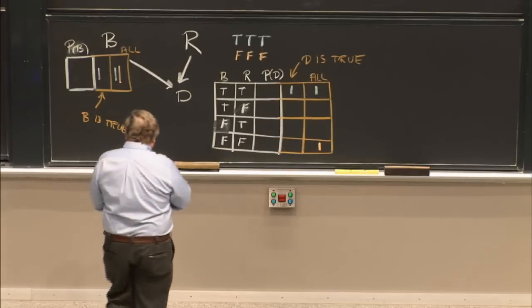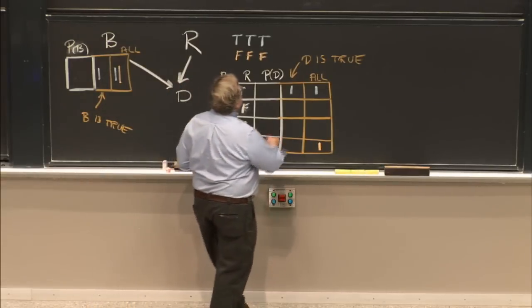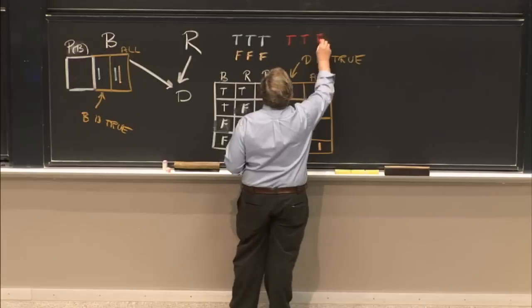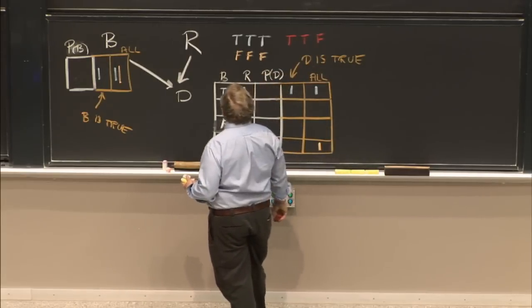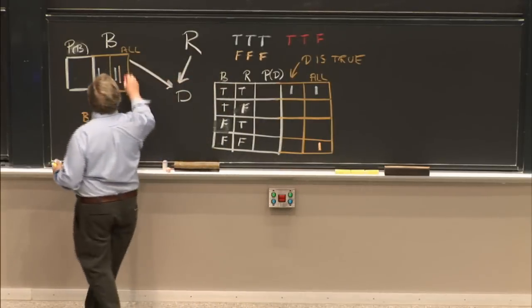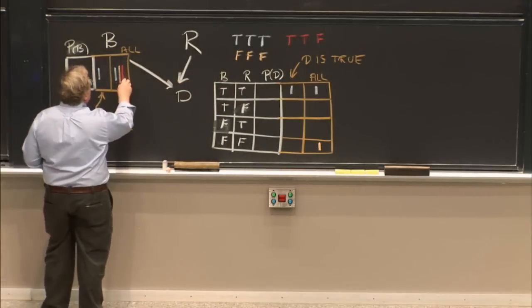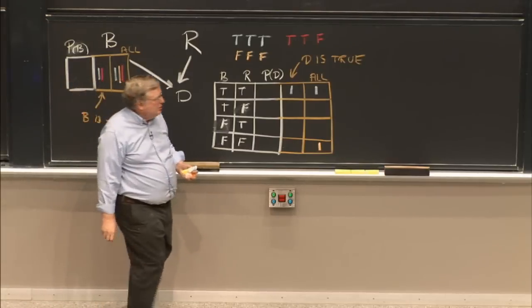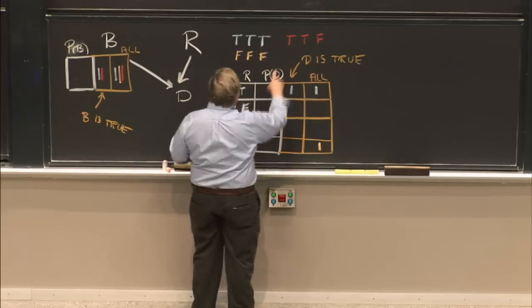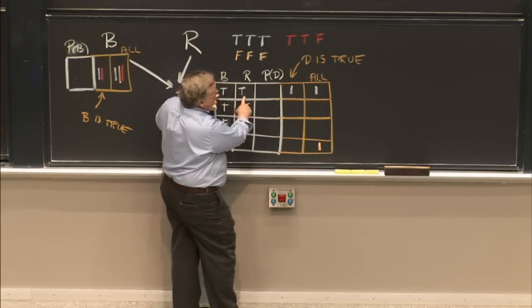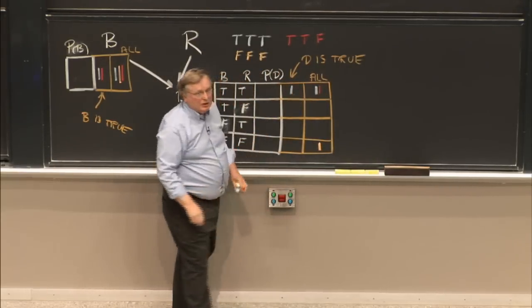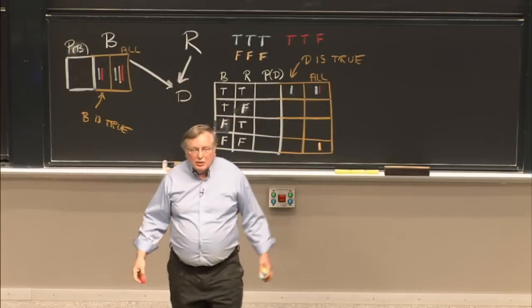So that's cool. Maybe one more. Let's suppose we have T, T, F. Well, in that case, we have a tick mark here and a tick mark here because the burglar element is true. Then we have TT. That brings us to the first row again. So we get a tick mark there. But dog is false, so no tick mark there. So that's how it works.